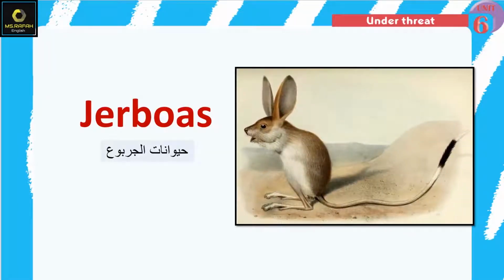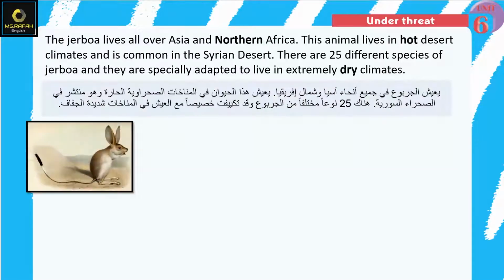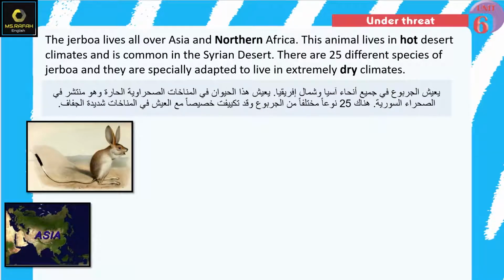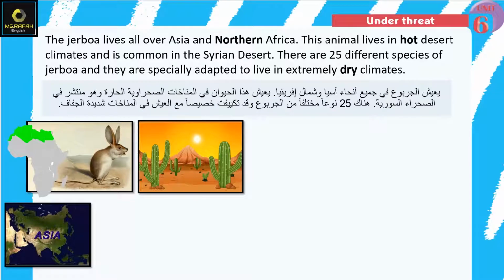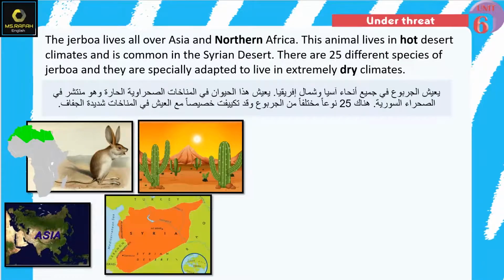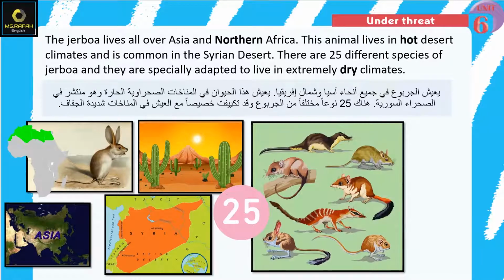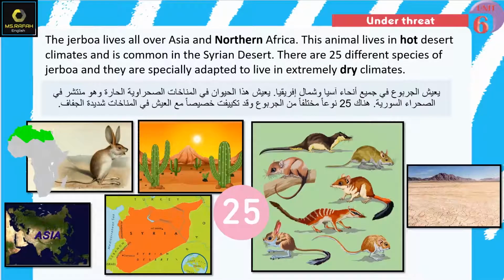Jerboas. The jerboa lives all over Asia and northern Africa. This animal lives in hot desert climates and is common in the Syrian desert. There are 25 different species of jerboa, and they are specially adapted to live in extremely dry climates.